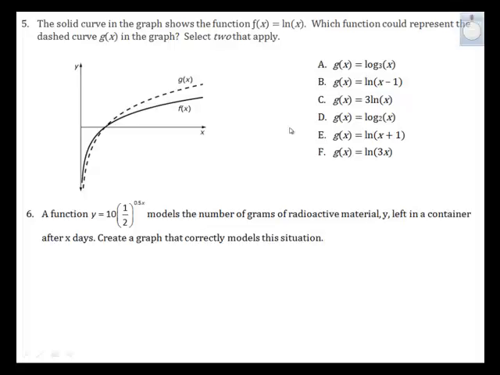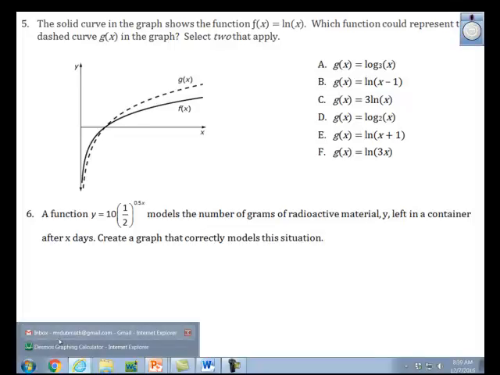That's going to be the same for both of the logarithms and most of the natural logs. Whenever they have a 1 out here, it's either -1 or +1, and that's going to be shifting the graph to the left or to the right. So we know that it's going to intersect here. Now we want to know which values would start to go higher than just the natural log of x.